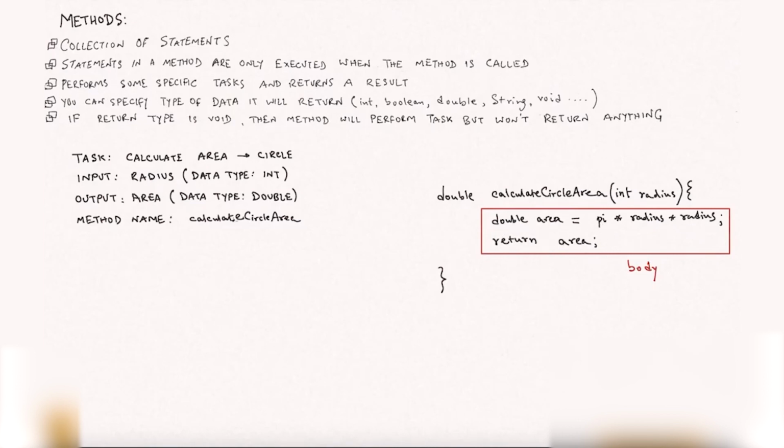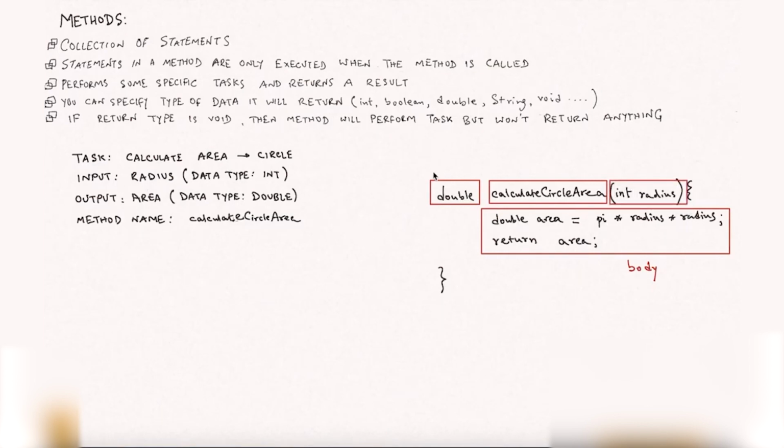Great. Now, secondly, we might also think of this whole part as different parts, right? So this would be our output type. This would be the name of the method. This would be our input, right?